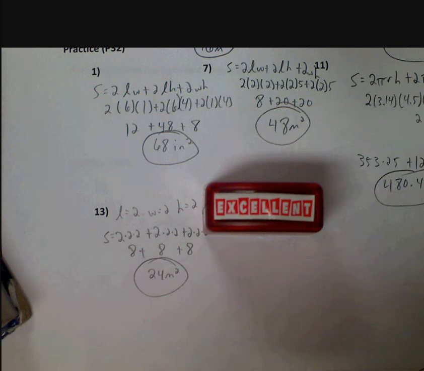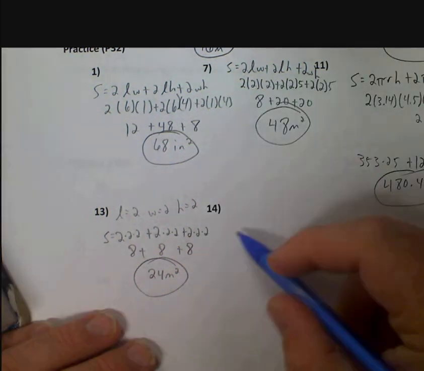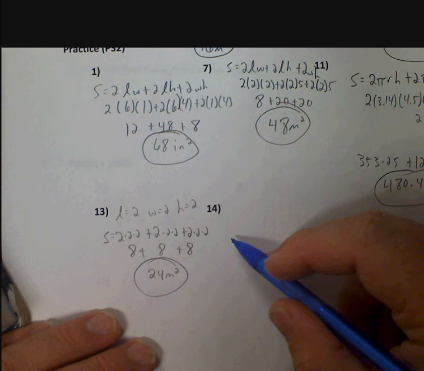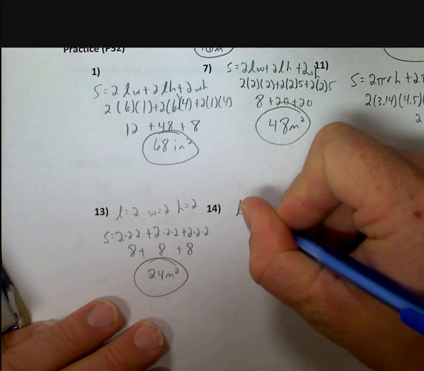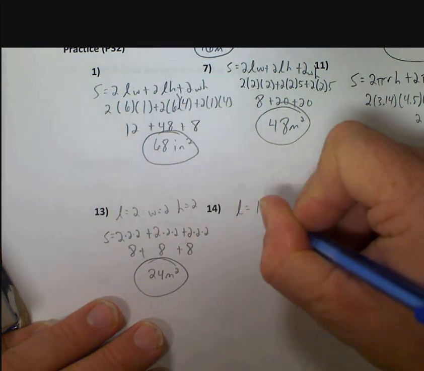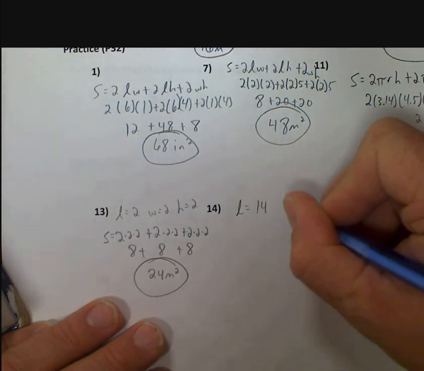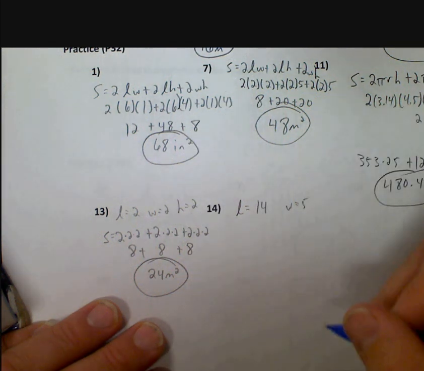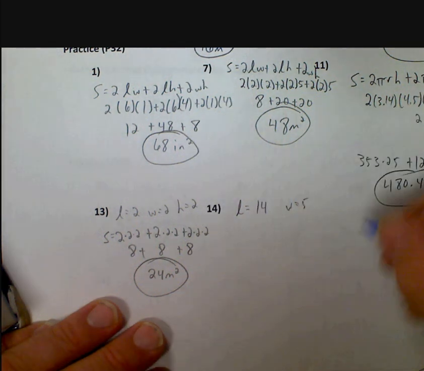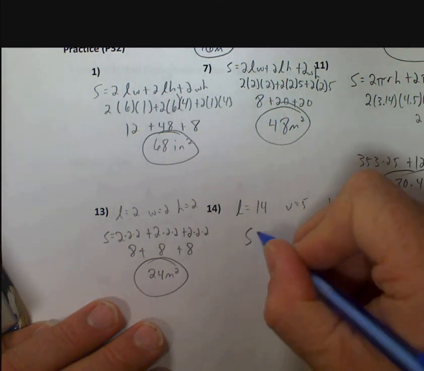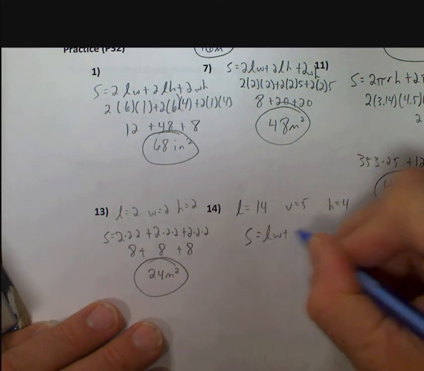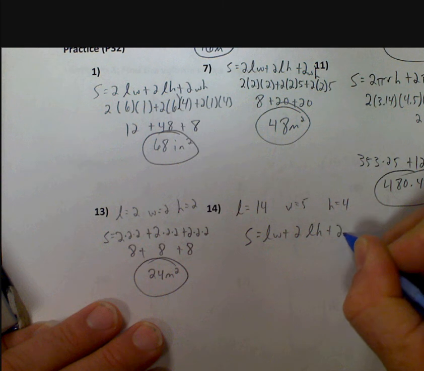Pause the video for 14 and try. On number 14, a gift box is a rectangular prism. So the length gives us 14, the width is 5, and the height is 4. We use our formula, S equals 2LW plus 2LH plus 2WH.